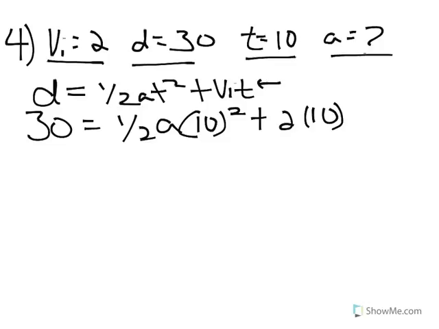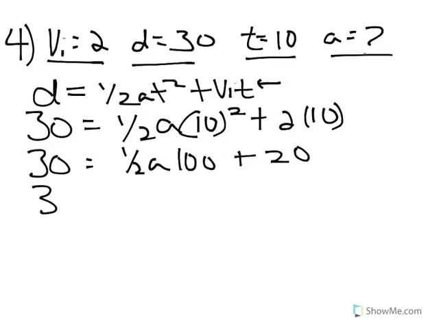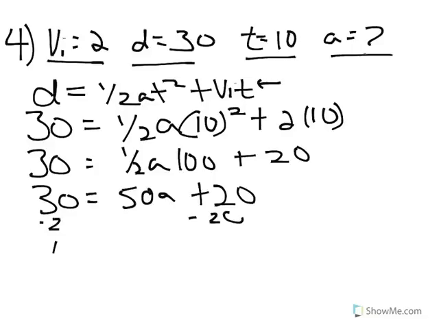So we end up getting 30 equals 1/2 times a times 100 plus 20. 30 equals 50a plus 20. Now you're just solving for a. So you subtract 20, we've got 10 equals 50a. Divide by 50 and you get 0.2 meters per second squared equals a.